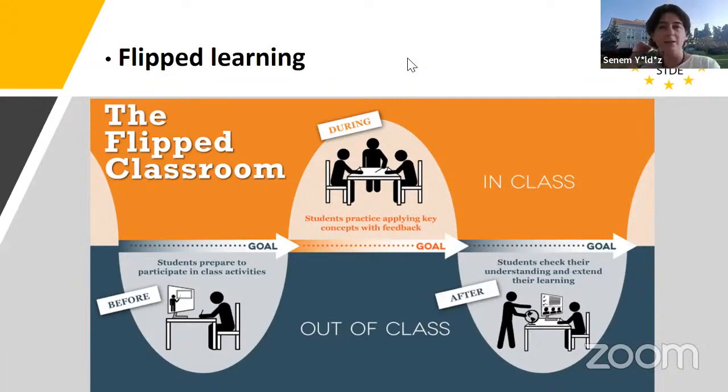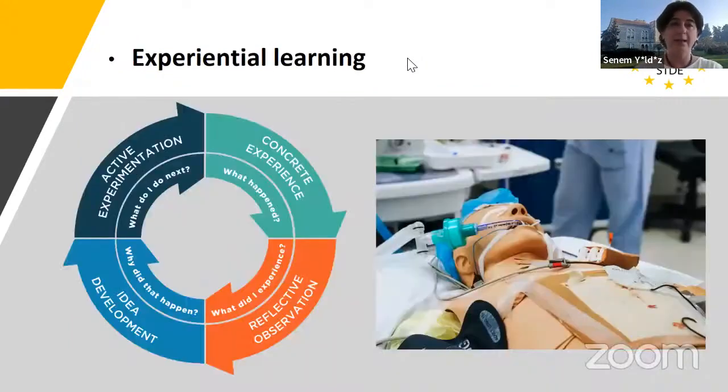But theoretical information is acquired outside of the classroom according to the student's own pace. There's flexibility in time, there's flexibility in space. The reason for this also is to expand classroom borders, both time-wise and physical space-wise, and to expose students to more contact hours with the learning materials and resources.